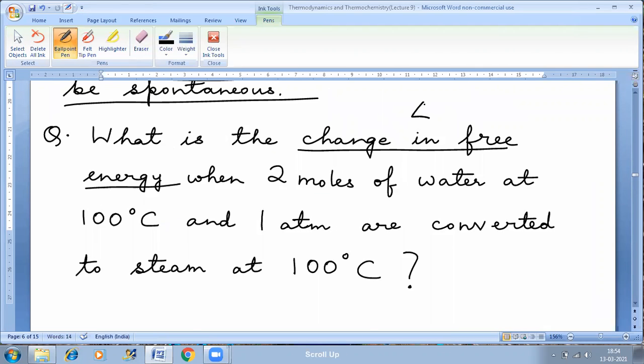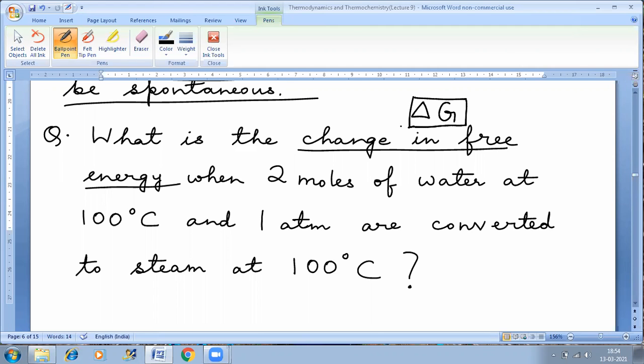Change in free energy means delta G. Change means delta. Free energy means G. Gibbs free energy. Either you can call it Gibbs free energy or you can call it free energy. So delta G is what we have to find out here.